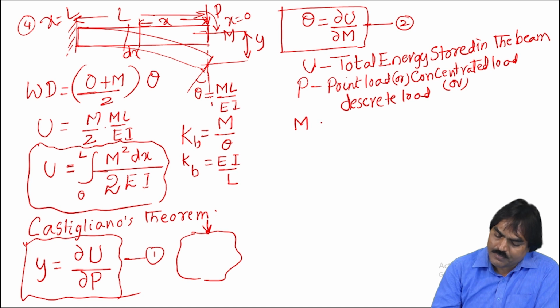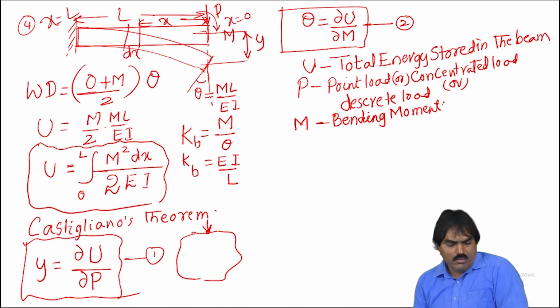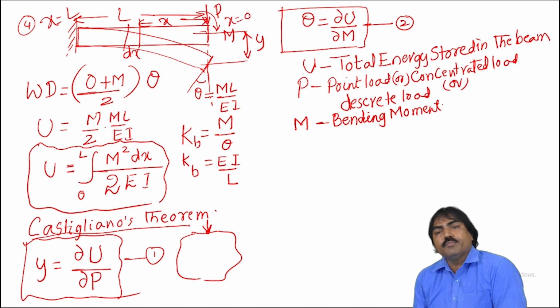Where M is the bending moment. These are the two equations proposed by Castigliano.